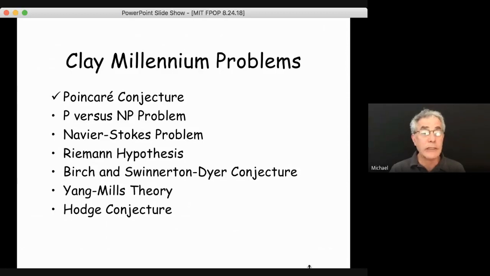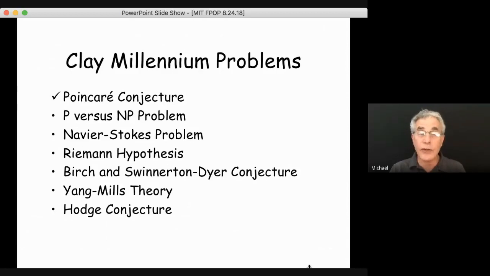So within the mathematics community, the P versus NP problem is considered to be one of the great grand challenge problems of mathematics. Now, one of those you may notice has a check mark instead of a bullet next to it because one of those 7 problems has already been solved, the so-called Poincaré conjecture. But that's outside the scope of my talk. So just to mention that P versus NP is on this list of problems.